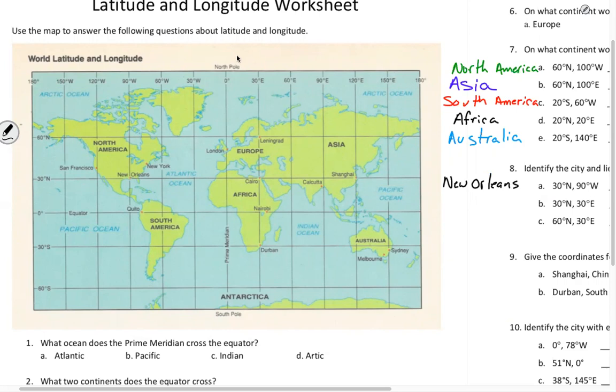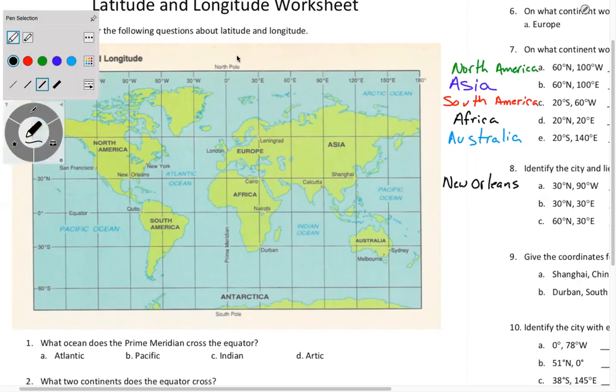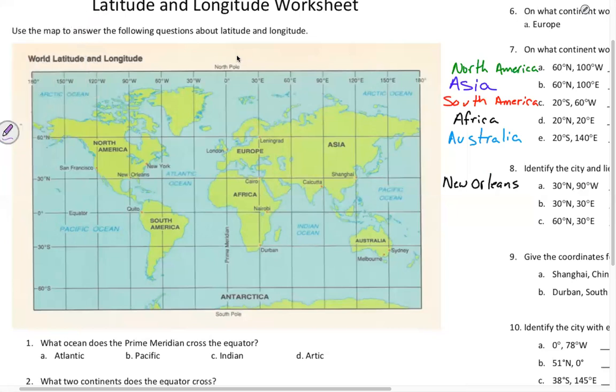Tyler, what city lies closest to 30 degrees north, 30 degrees east? 30, 30. You got it, Tyler?